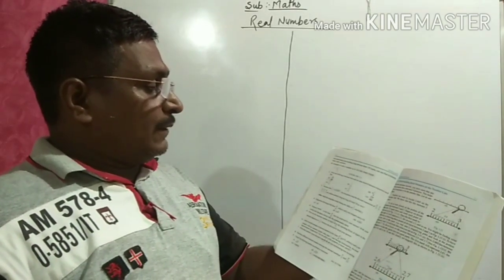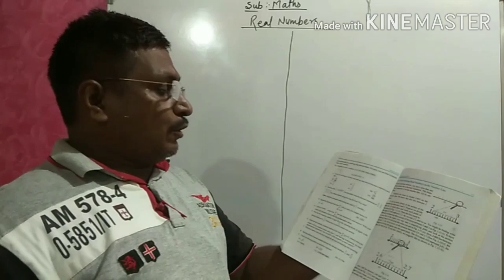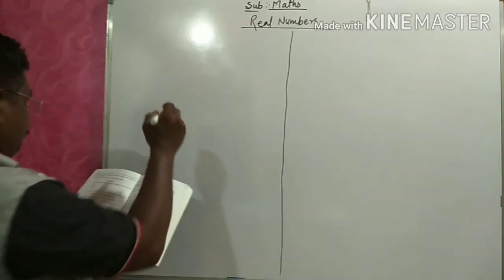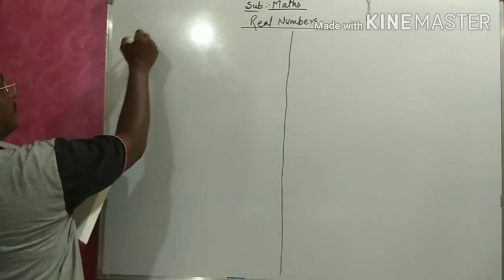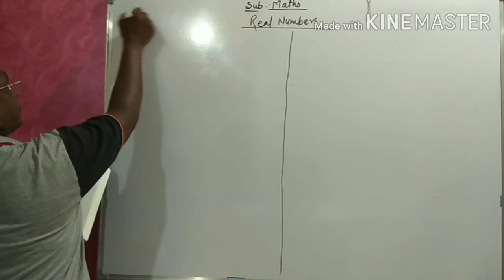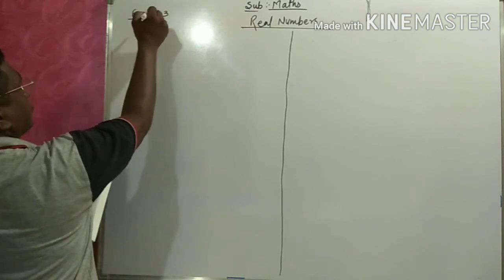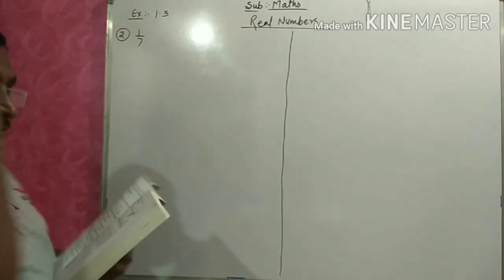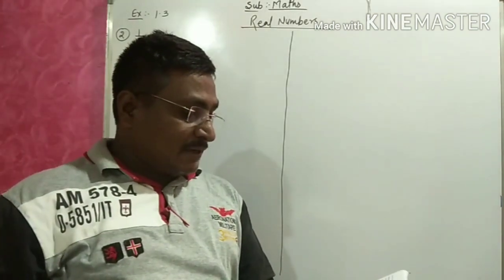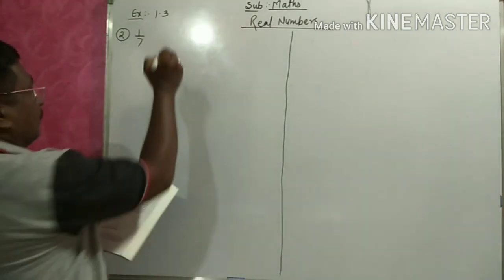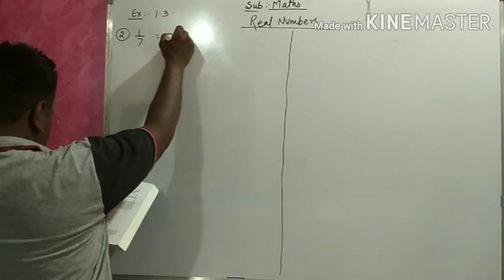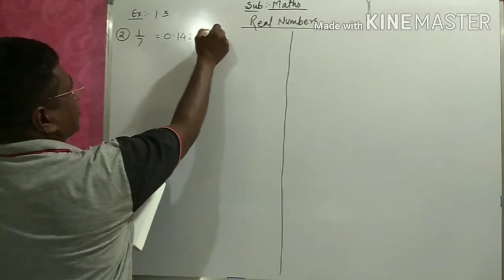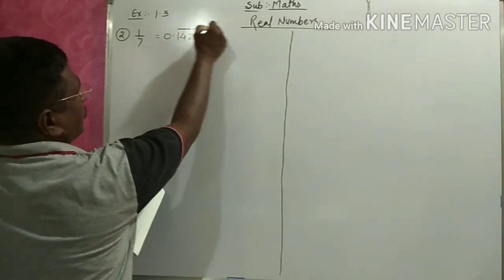You know that 1 by 7 equals 0.142857 bar.